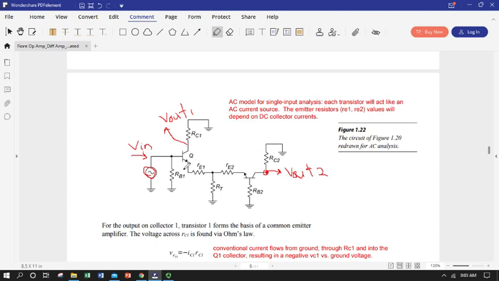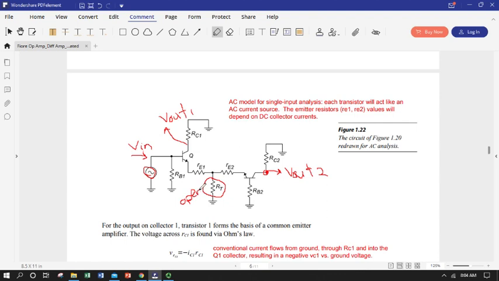Okay, so essential features of our AC model. We now have our emitter output resistance, our R little e, that we used our collector current and our 26 millivolt ratio to get. And important, we're going to assume that this tail resistor is huge. So it's going to act like an open. So really, that part of the circuit just kind of goes away.